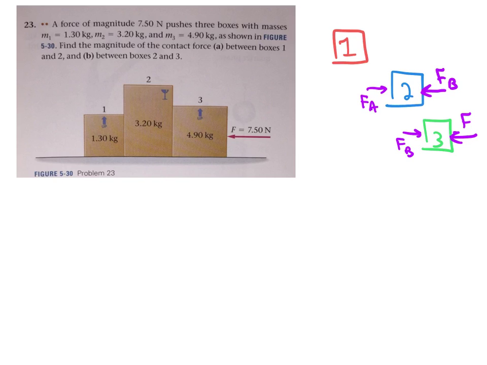And then, because 2 is pushing on 1, it will feel a force, which by third law will be the same size, but opposite in direction. And then all of these boxes have an acceleration, which will be to the left, and it'll be the same for all of them because they can't go through each other and they can't flex. So we'll have something like that.